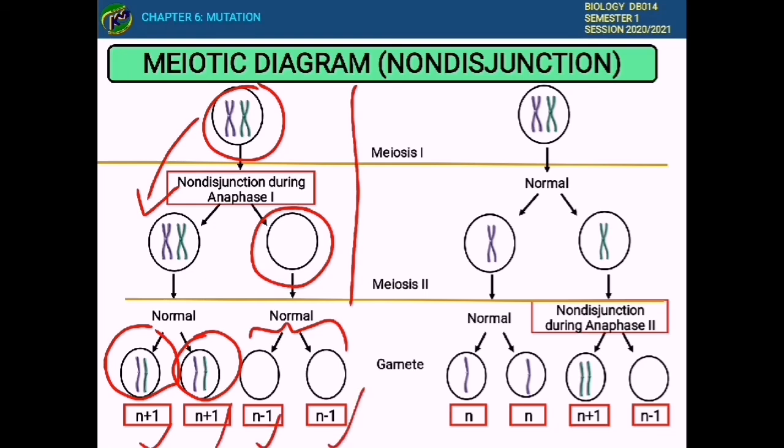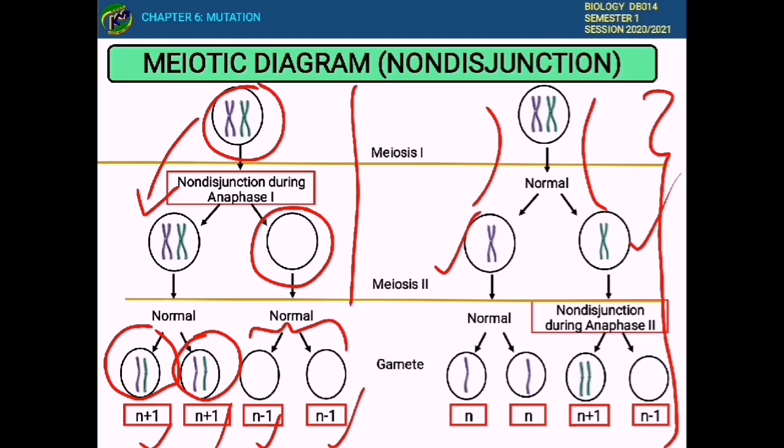Okay, look at this picture. Here we have non-disjunction during meiosis 2. Look at meiosis 1. This chromosome divides equally. So this cell receives one chromosome, this cell receives one chromosome. For this cell, sister chromatids separate and move toward opposite poles.